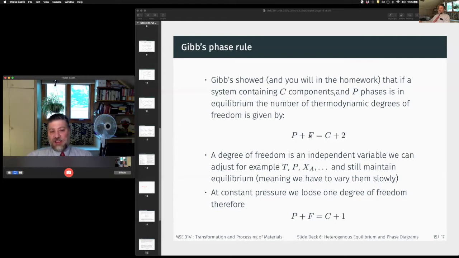I can't adjust anything about my system. So there is 1 set of variables, 1 temperature, 1 pressure, that allows me to have a triple point.